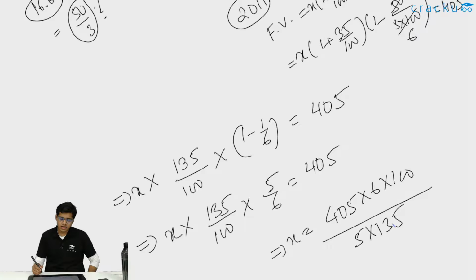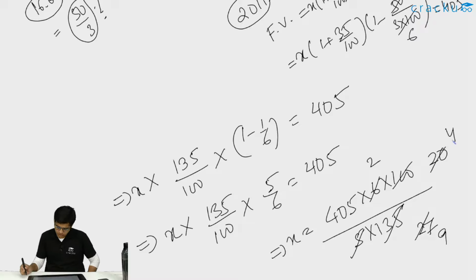Now 135 we can cancel by 5. 5 20s are 100, 5 27s are 135. 6 and 27 we can cancel by 3. 3 2s are 6, 3 9s are 27. 5 and 20 we can cancel, right? 4 5s are 20, and 405 and 9, it will be 45.